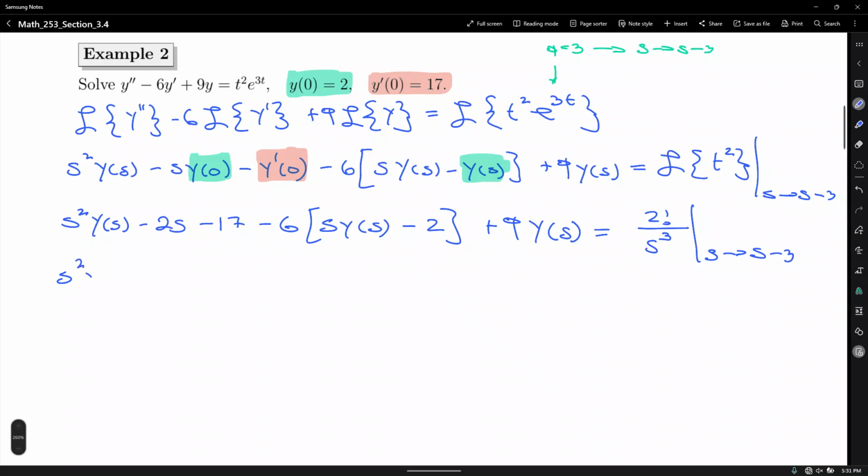That is s squared Y of s minus 2s minus 17 minus 6s Y of s plus 12, plus 9 Y of s, equals 2 factorial, which is simply 2, divided by the quantity cubed that got shifted, which is s minus 3 cubed. All right?